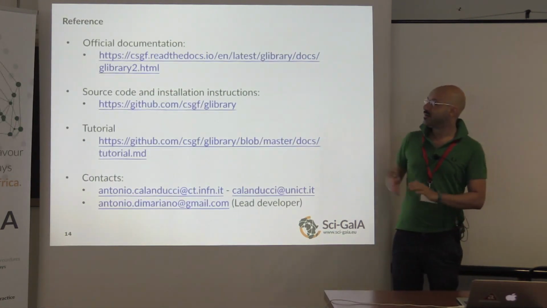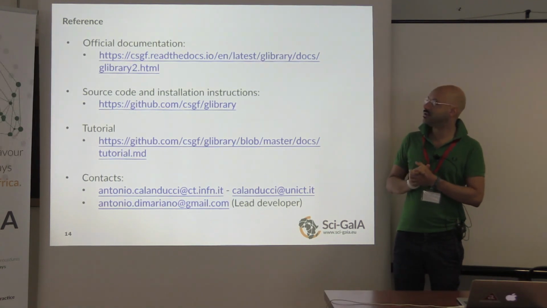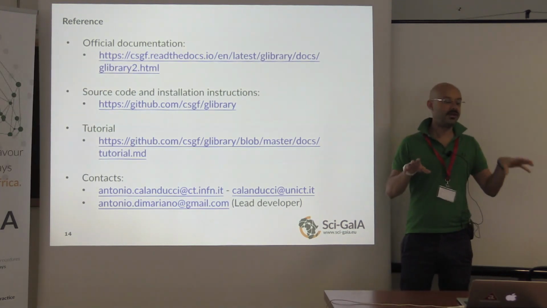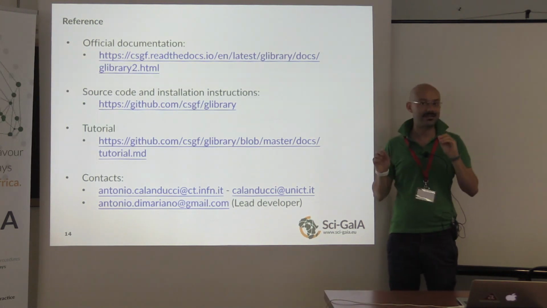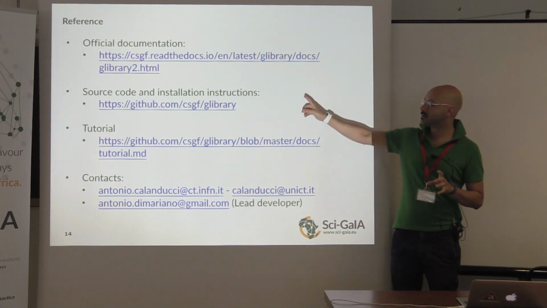Here you can find all the references for GLibrary, especially the GLibrary 2 documentation. If you look on the internet for documentation, be sure you are accessing the GLibrary 2.0 documentation, not the old one, and the source code.